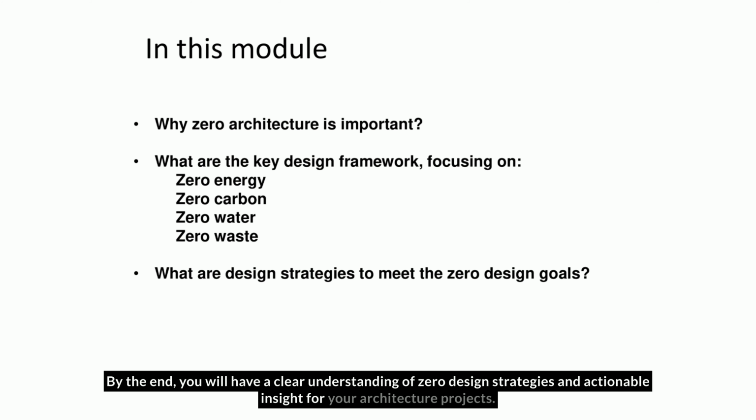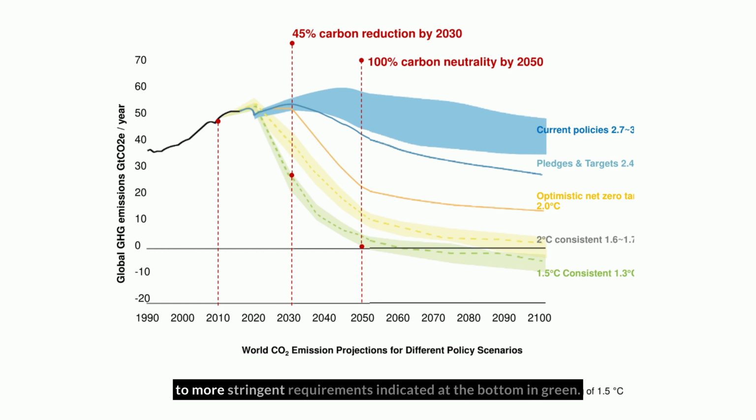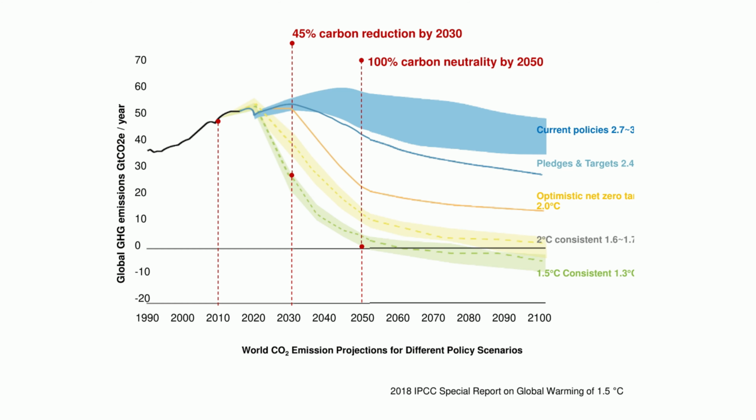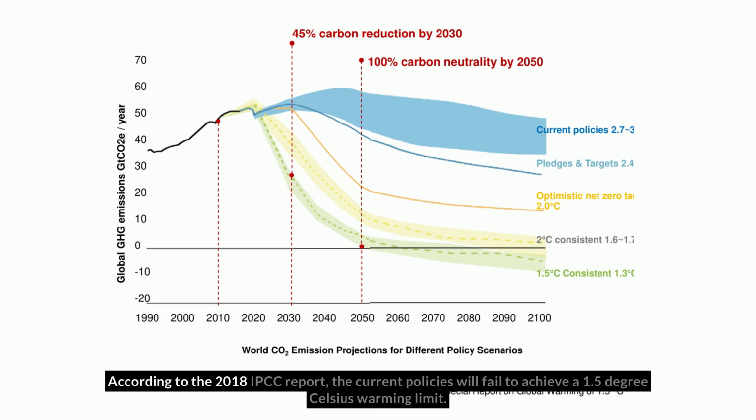This slide presents global CO2 projections under various policy scenarios, from the current policies indicated at the top in blue to more stringent requirements indicated at the bottom in green. According to the 2018 IPCC report, the current policies will fail to achieve a 1.5 degrees Celsius warming limit.